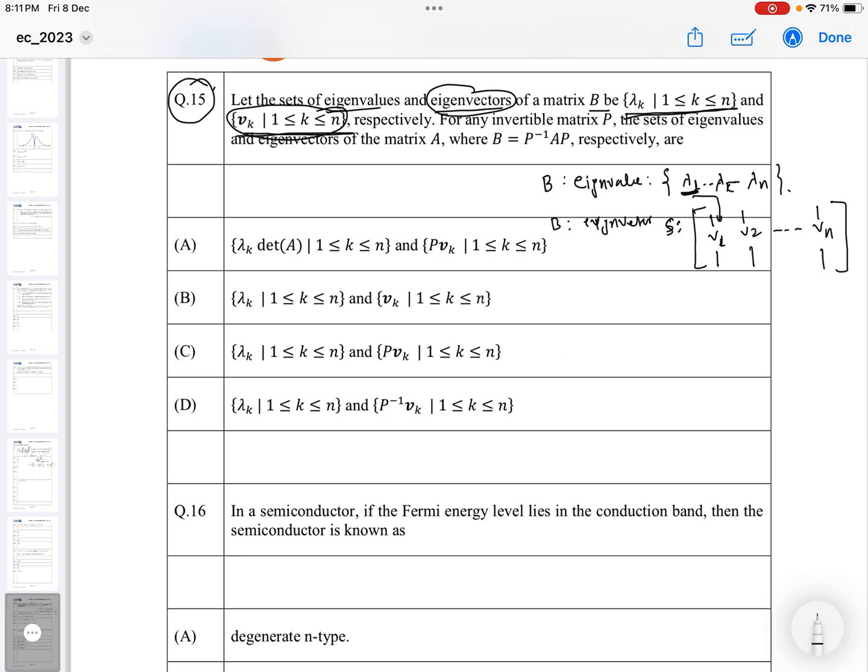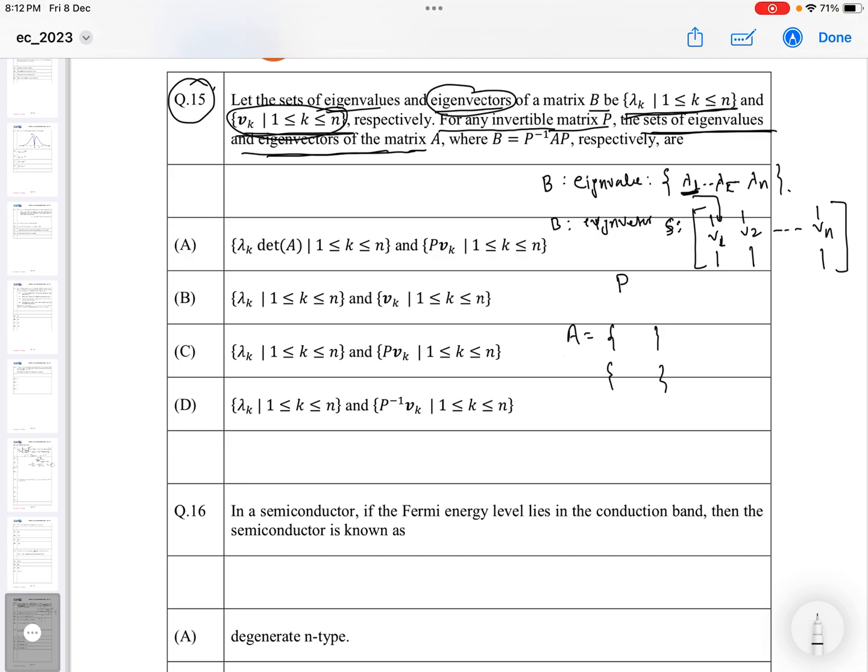Now I'm reading the next paragraph. For any invertible matrix P, we are asked for the sets of eigenvalue and eigenvector of matrix A. We have also been given this matrix P in the question. So what will be the set of eigenvalue of A and the set of eigenvector of A?